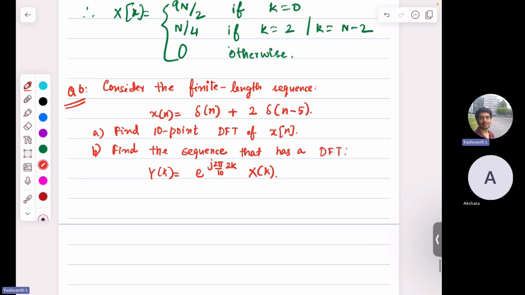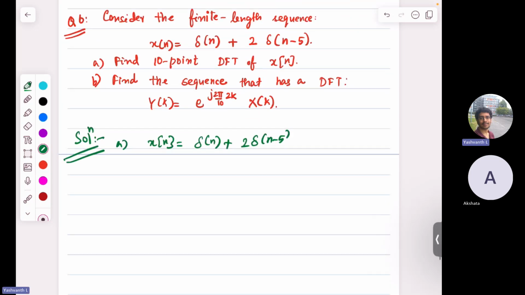Okay, so it's a very simple question. The first one is again straightforward. The DFT of x of n, where x of n is delta of n plus 2 into delta of n minus 5. If I apply the definition, X of k is summation n equal to 0 to N minus 1 x of n into e power minus j 2 pi by N into kn.